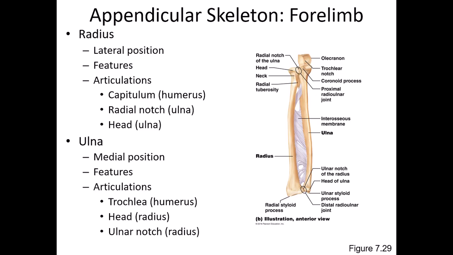The radius and the ulna articulate both proximally and distally, and then also the ulna articulates proximally with the humerus to make the elbow joint. And then you can see that the radius and the ulna are connected together at what's called the interosseous membrane. Interosseous tells you between bones. That is a syndesmosis. That's a solid articulation with a ligament.